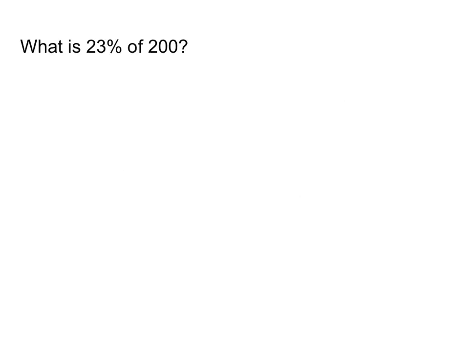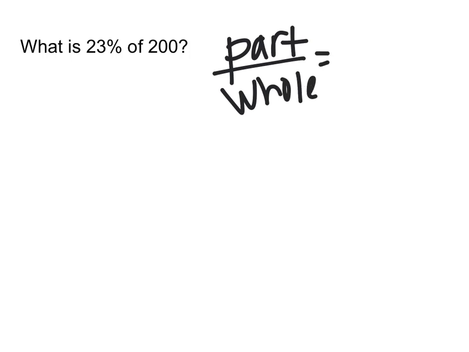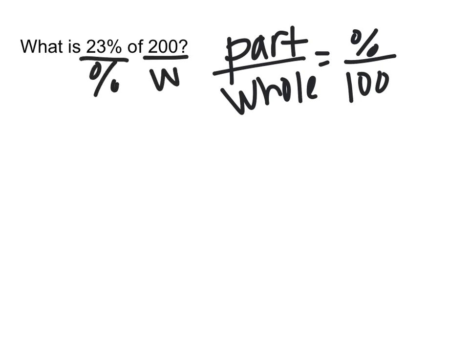Here we go. The first question is, what is 23% of 200? So remember, we are using the formula part over whole equals percent over 100. So we need to figure out what we have. We know that 23 is our percent, 200 is our whole.